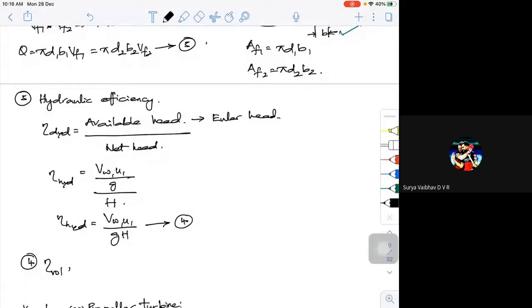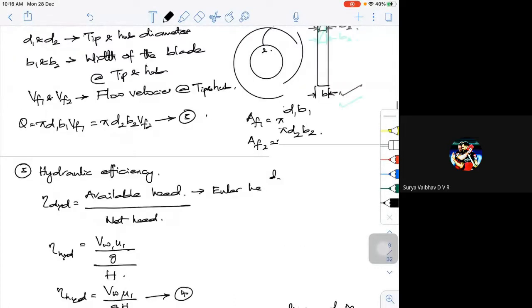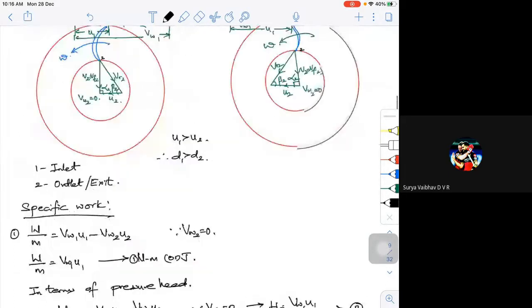Your volumetric efficiency, mechanical efficiency, and overall efficiency are the same as discussed in the Pelton turbine or Pelton wheel. The same formulas can be used over here. Now hydraulic efficiency, your discharge and your blade work, these we have to look into only with respect to the Francis turbine.